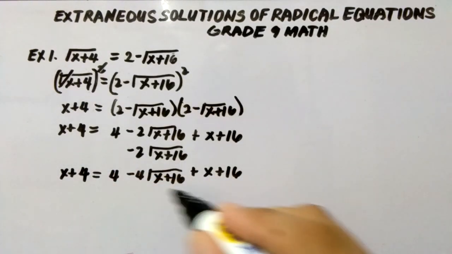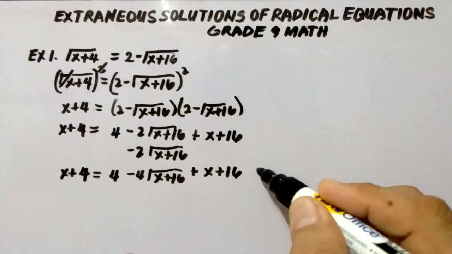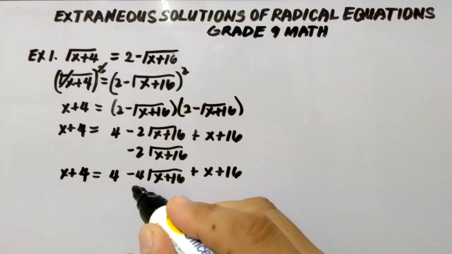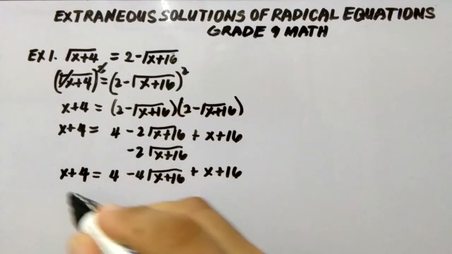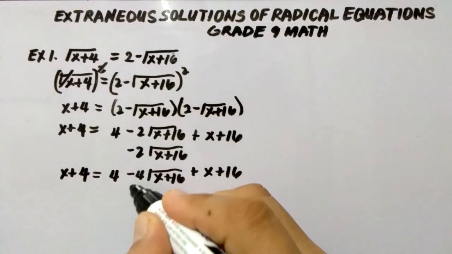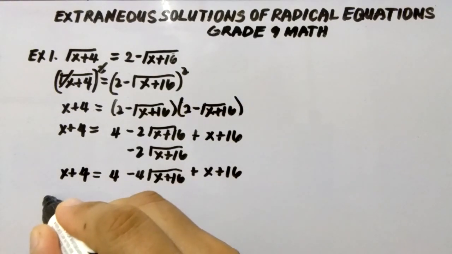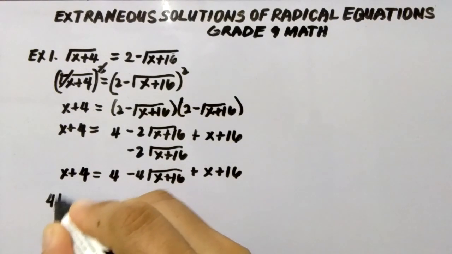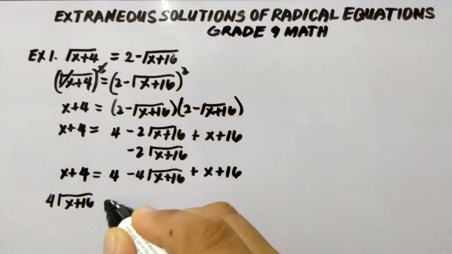Then, simplify po natin ito. Combine po natin ang mga like terms. So, ang gagawin po natin is ito pong negative 4 square root of x plus 16. Transpose po natin dito sa my left side. So, negative 4 square root of x plus 16 transpose to the left side becomes positive 4 square root of x plus 16.